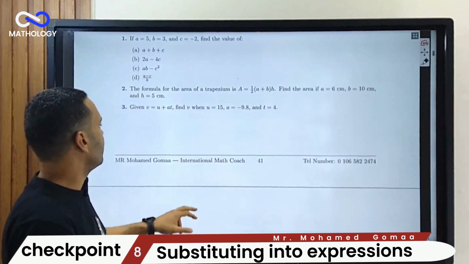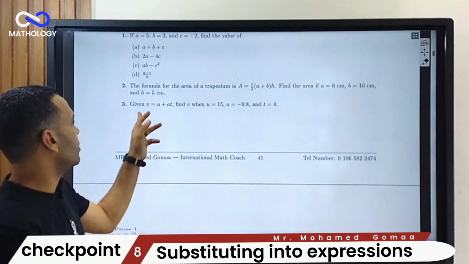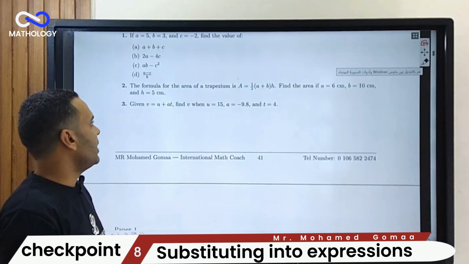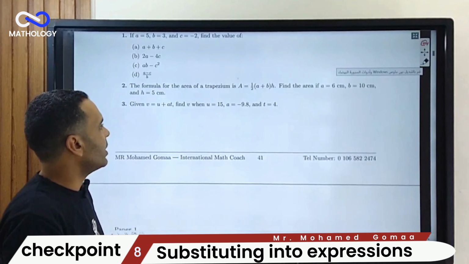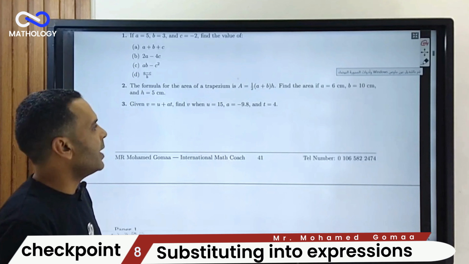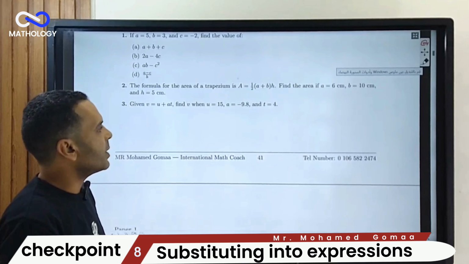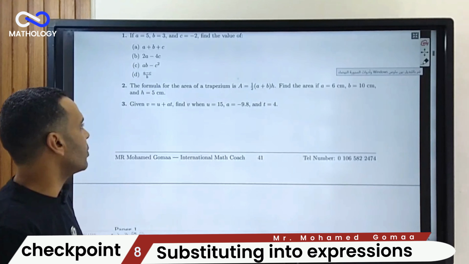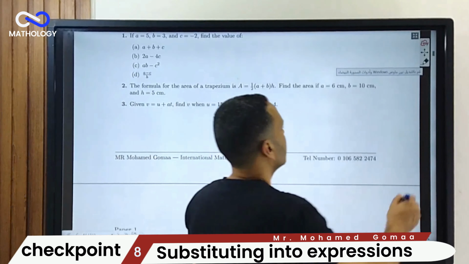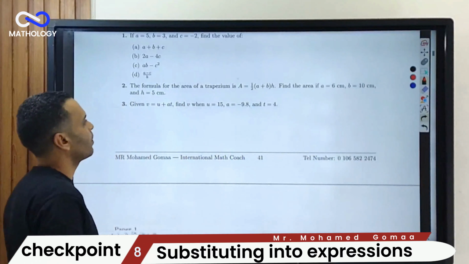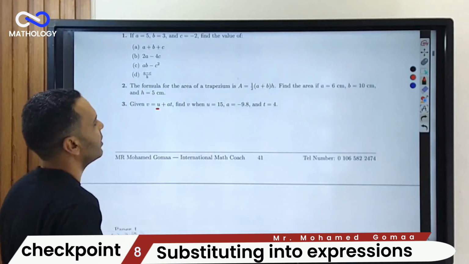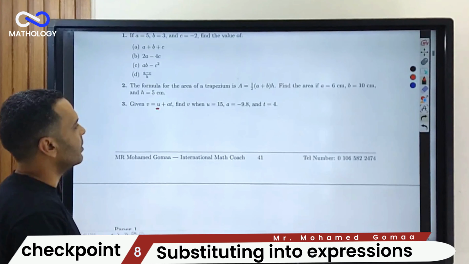The question, like this one: given v equals u plus at, find the value of v when u equals 15 and a equals -9.8 and t equals 4. Okay, v is velocity, u is initial velocity, a is acceleration and t is time.